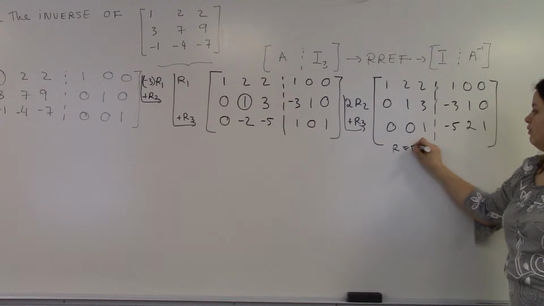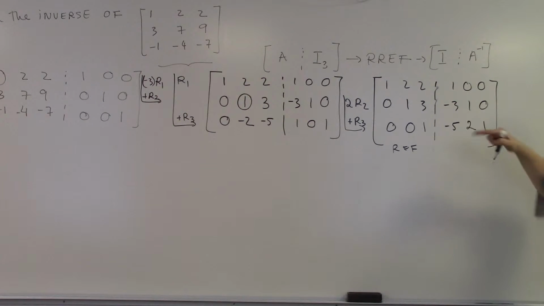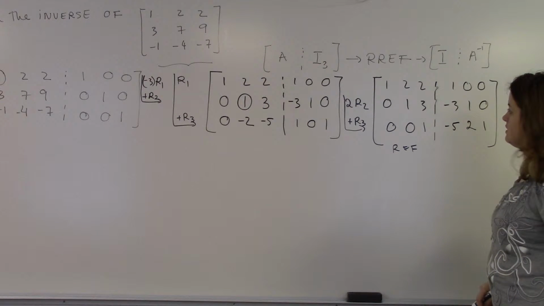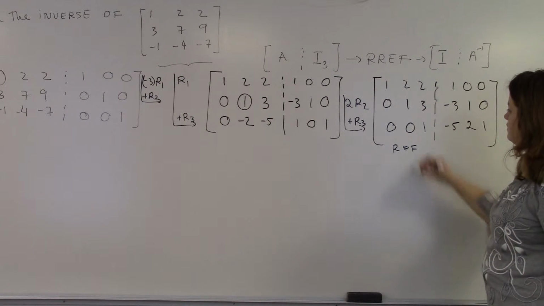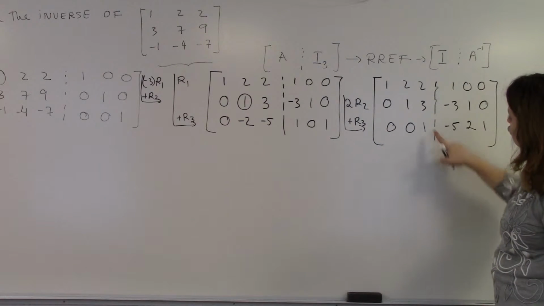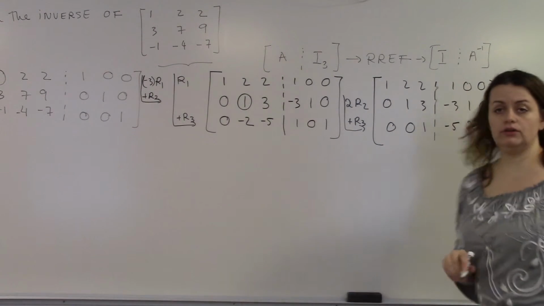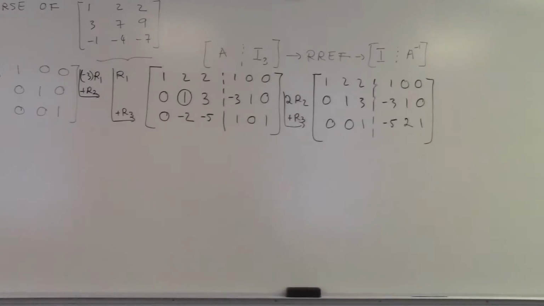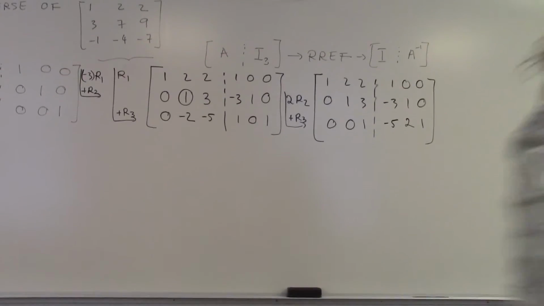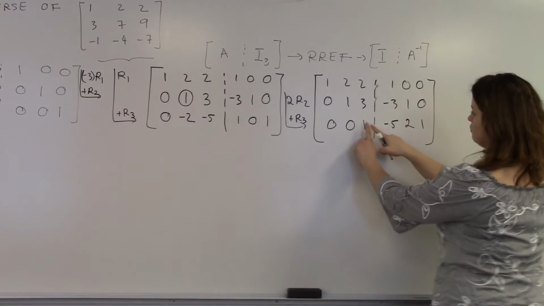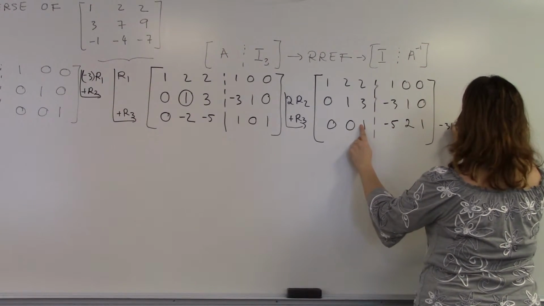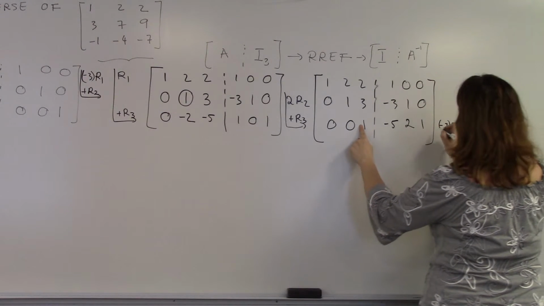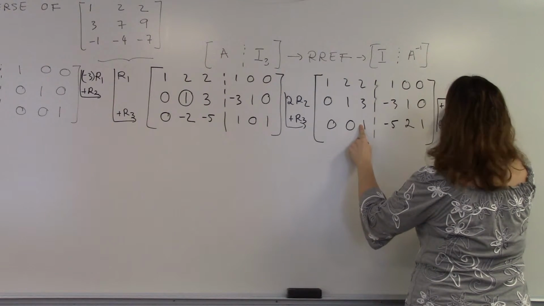In order to put it in reduced row echelon form, I need to make zeros above the diagonal ones. So what we're going to do is multiply -3 times row 3, and then add that to row 2.